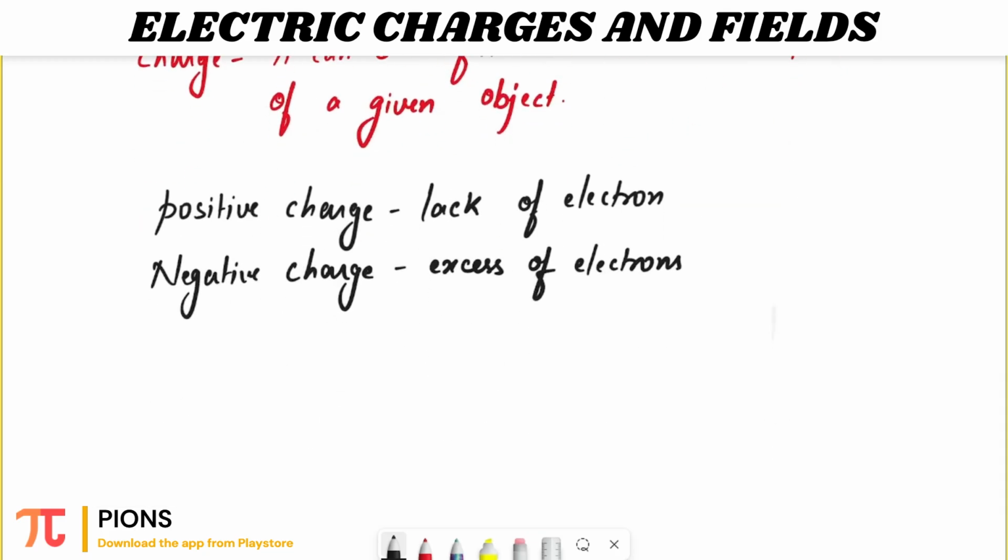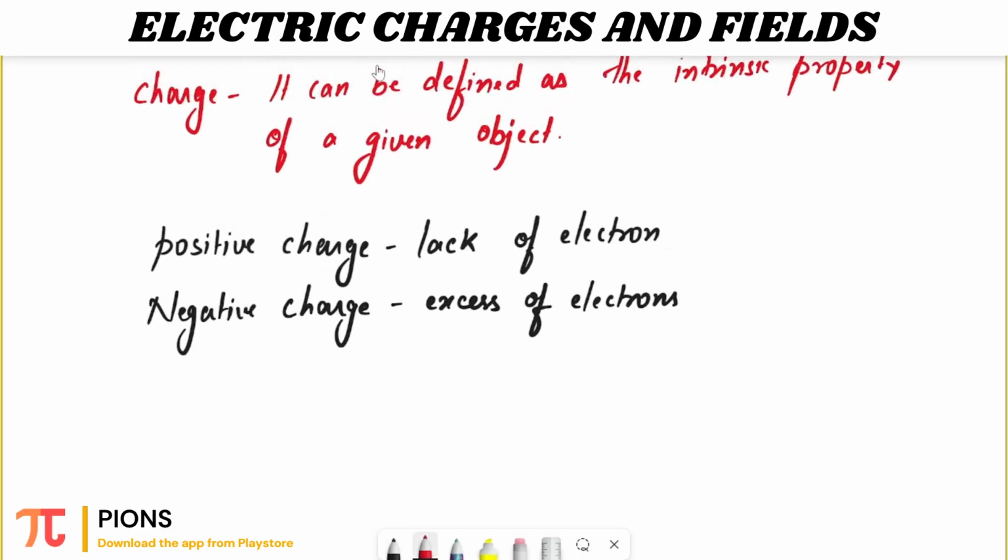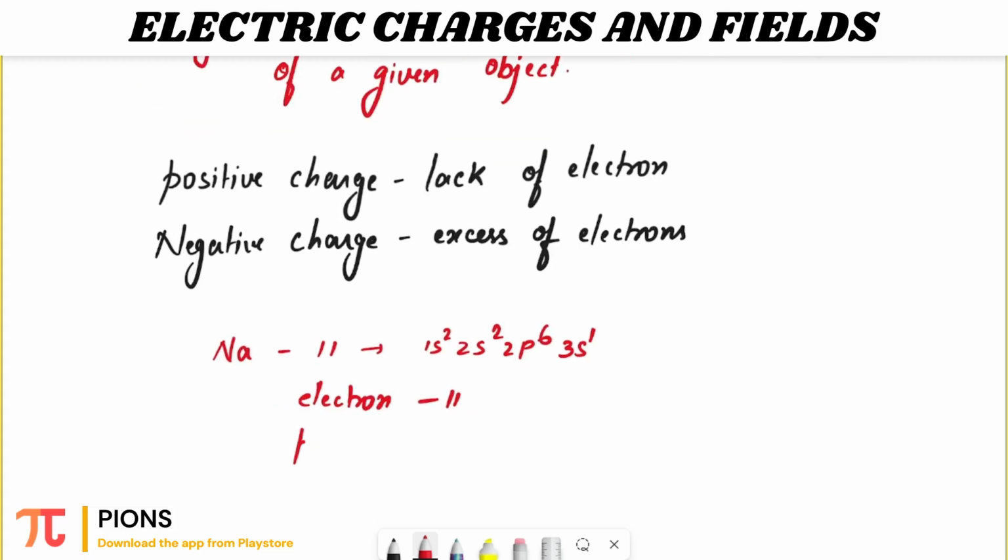Let's take a simple example from the chemistry part only. For example, sodium: what is the atomic number of sodium? 11, right? Now we can write the electronic configuration as 1s2, 2s2, 2p6, and 3s1. So how many electrons are there in a sodium atom? 11. And how many protons are there inside the nucleus of a sodium atom? 11.